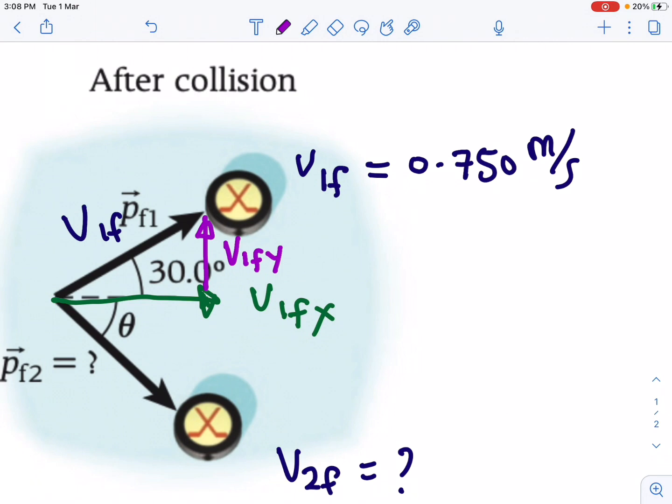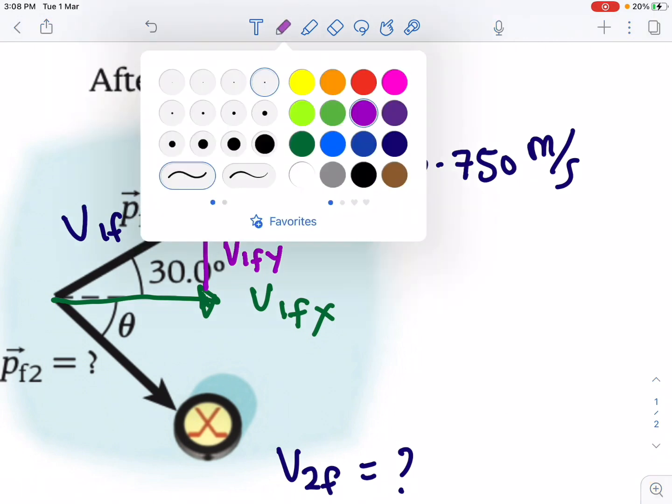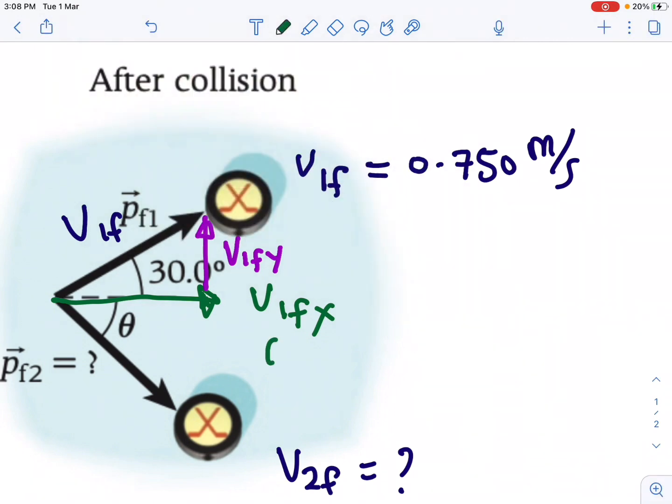Now our V1fx is a side that is adjacent to the angle theta. So this is our theta right there, and therefore we could say that V1fx is just equal to V1f, the final velocity of mass 1, multiplied by cosine of the angle theta.